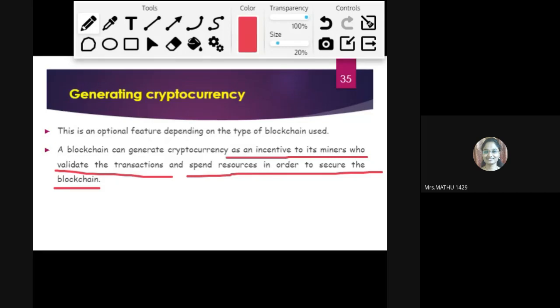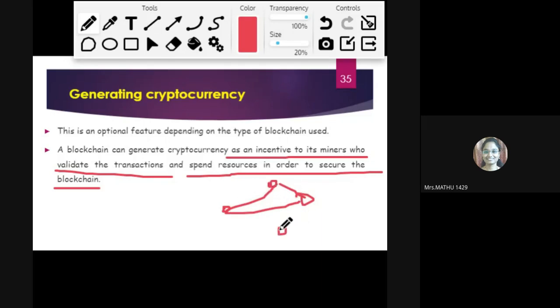We have talked about the network and the mining nodes. You have a network where different nodes are available, and to each of these nodes the transactions are passed on.